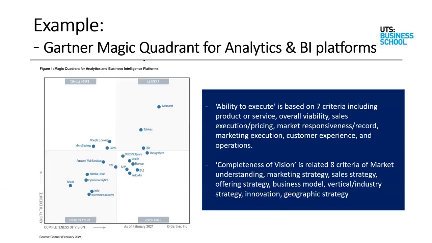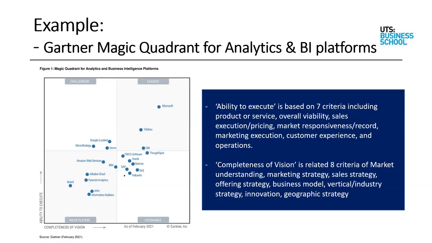Okay, so here's an example of how the industry uses this. This is a more complicated perceptual map. This is by Gartner. Gartner is a very well-known market research firm that collects a lot of market intelligence and data. This is a magic quadrant for analytics and BI platforms.